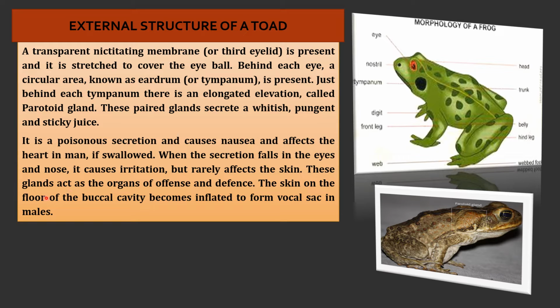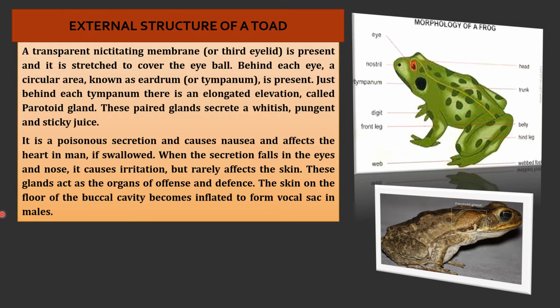Now, these glands act as the organs of offense and defense. Just now I have said that this type of sticky juice which is secreted from the parotid gland actually helps the toad or frog in defense and offense. That means actually it is used for the toad's protection, you can say.